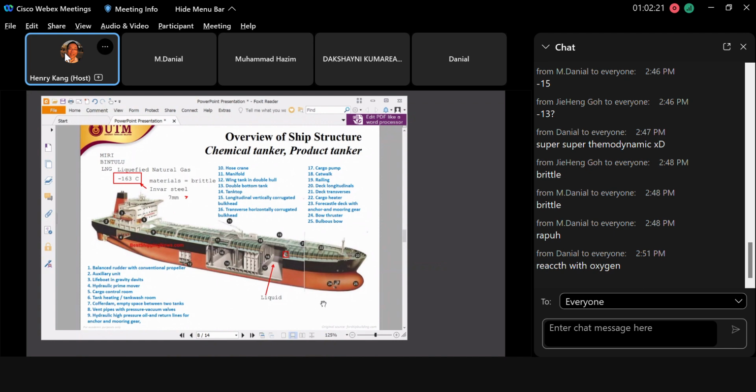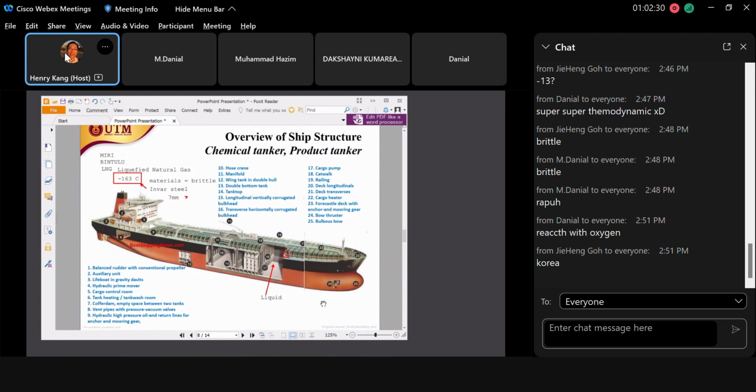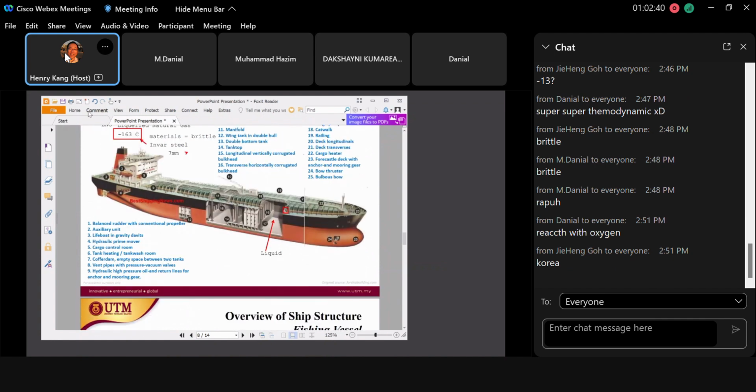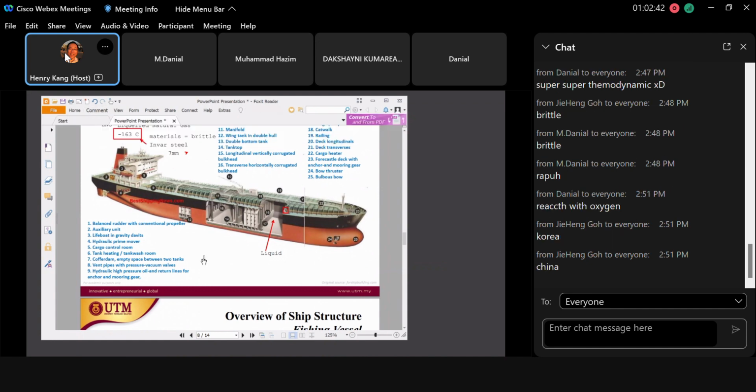Can you give some names of the countries who managed to build the LNG carrier in our world? Yes, Korea. Korea, and any other country in the world managed to build LNG carriers? So I said it is something like the manufacturer. China, yes.